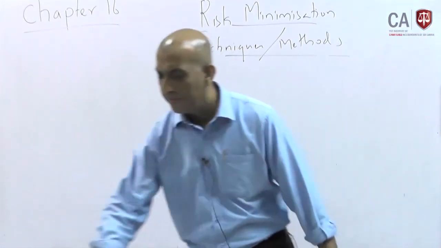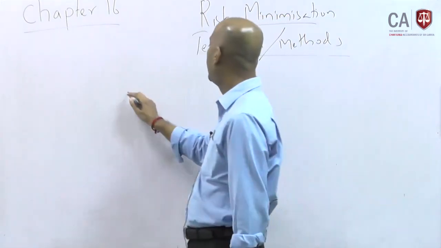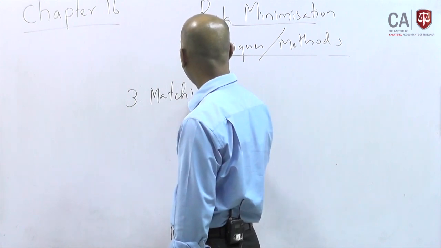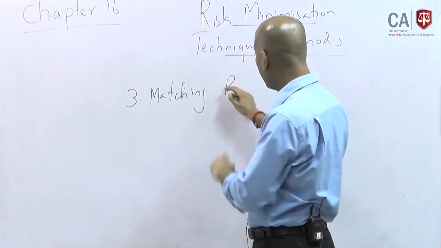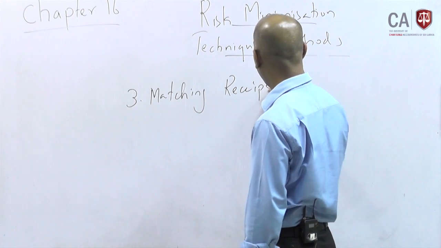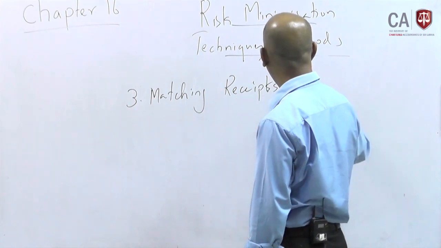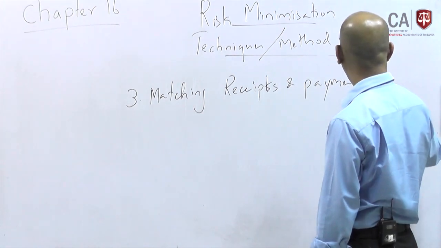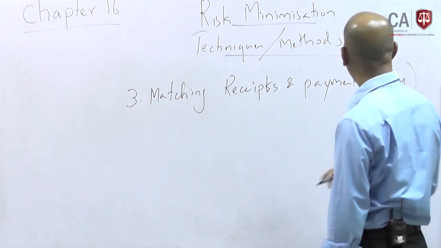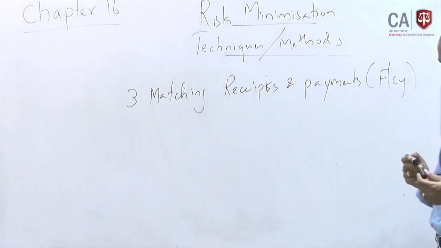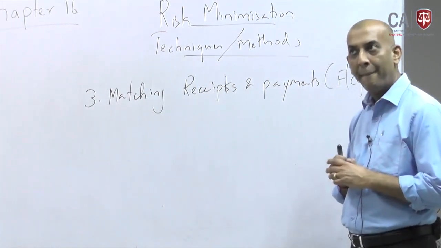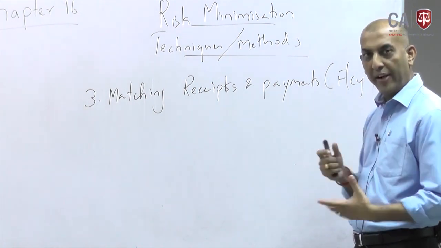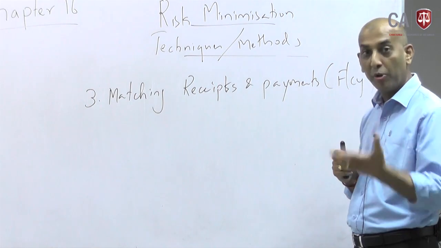The third technique is matching receipts and payments. Matching receipts and payments in foreign currency. Say a company imports raw material, manufactures, and sells goods, actually exports.